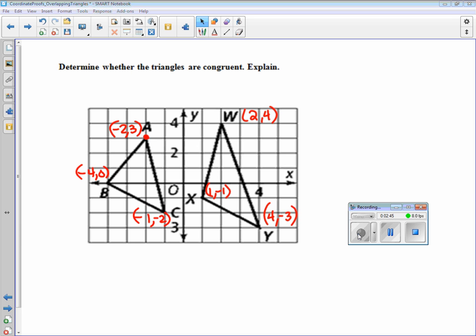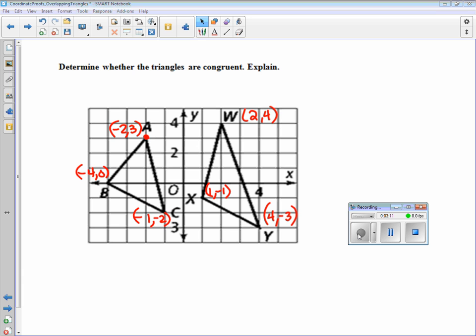Yeah, it doesn't appear if you look at them just by looking at it visually, just by kind of casually looking at it. They don't look like they're the exact same shape, do they? So it's probable that they're not congruent. When we have triangles on a coordinate plane like this, can you think of, we only have 5 choices now.